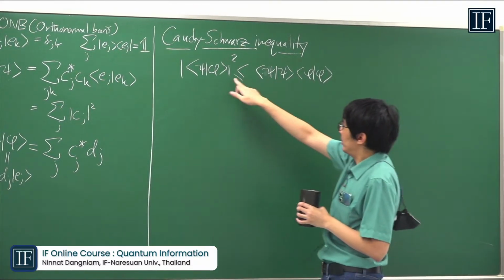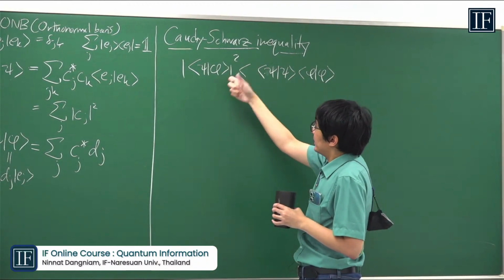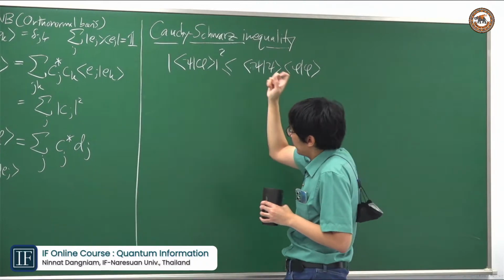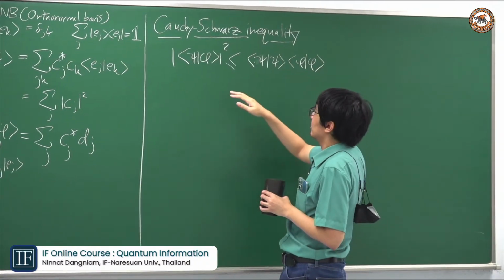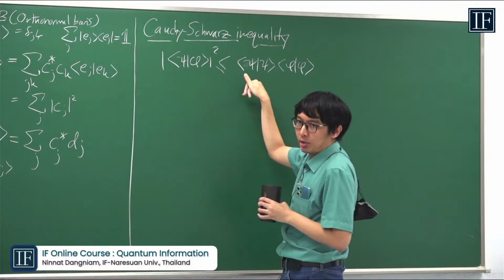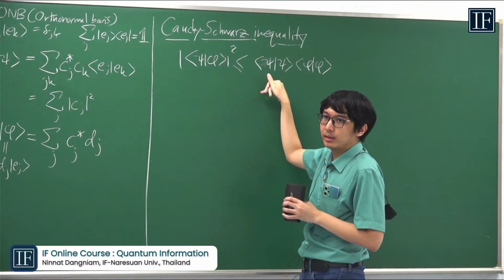The way I remember it is that you can bound the inner product by the norm, by the length of the vector.